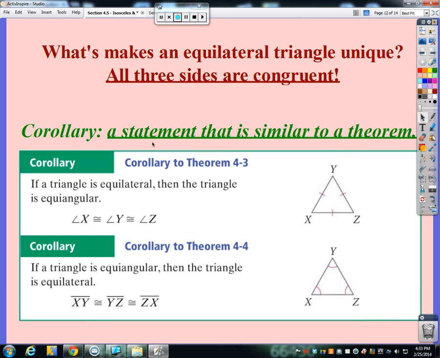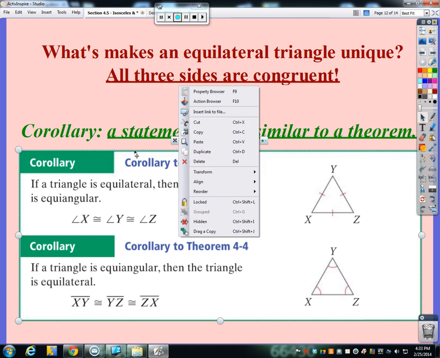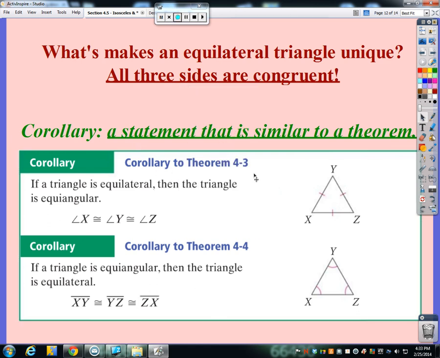A corollary is nothing more than a statement that follows or is very similar to a theorem that we've already talked about. So when they say a corollary to Theorem 4.3, Theorem 4.3 was the isosceles triangle theorem. Well, this is just saying that we can similarly use the isosceles triangle theorem for equilateral triangles.